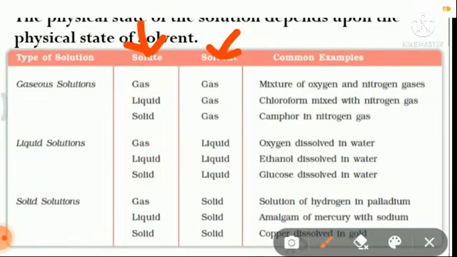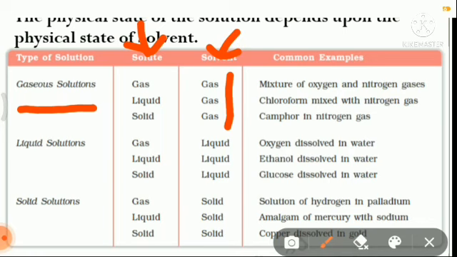Here the type of solution is gaseous solution, and the physical state of the solution will be gaseous. Very obvious. In a gaseous solution, the solvent used will also be gaseous. So if the solvent is gas, then the solution will be gaseous.